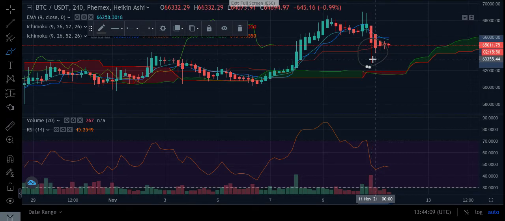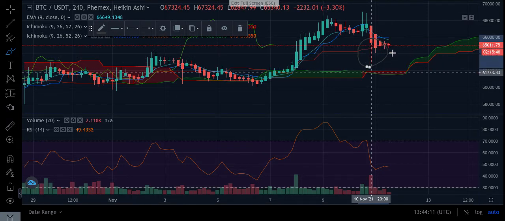See how I formed a circle here? This will create a bubble on your IO map, because it will show that there was a lot of selling of Bitcoin at this particular price level of about 64 to 65,000.